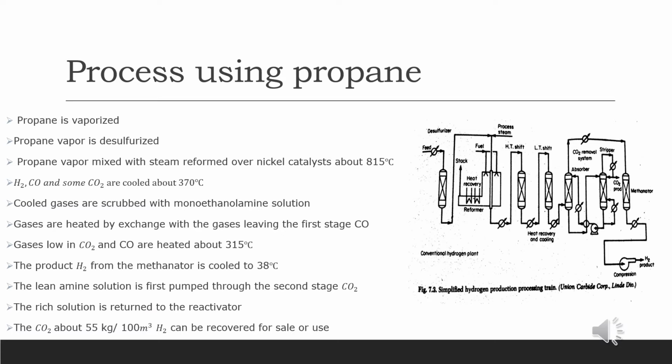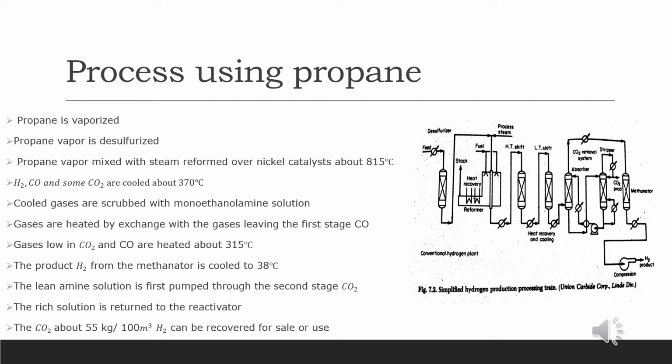Following this, the gases heated by exchange with the gases leaving the first stage CO converter are passed through the second stage CO converter, also followed by the second stage CO2 absorber.